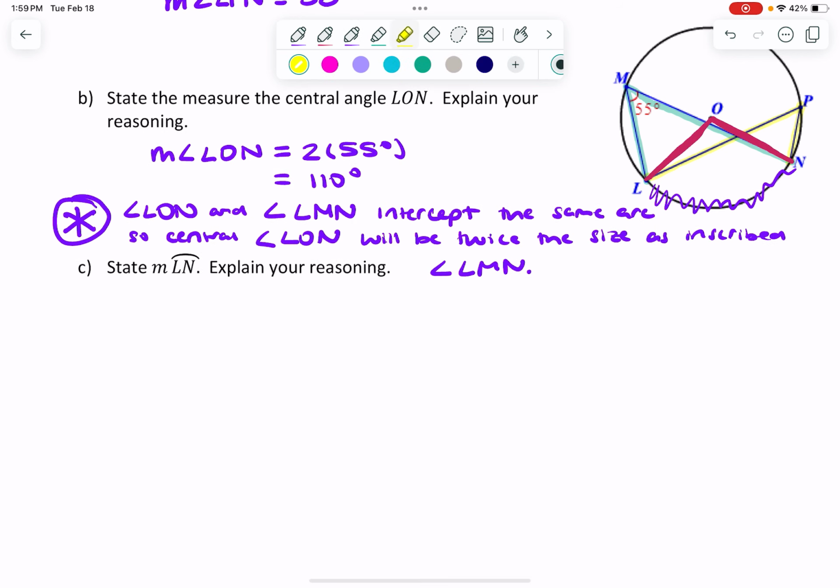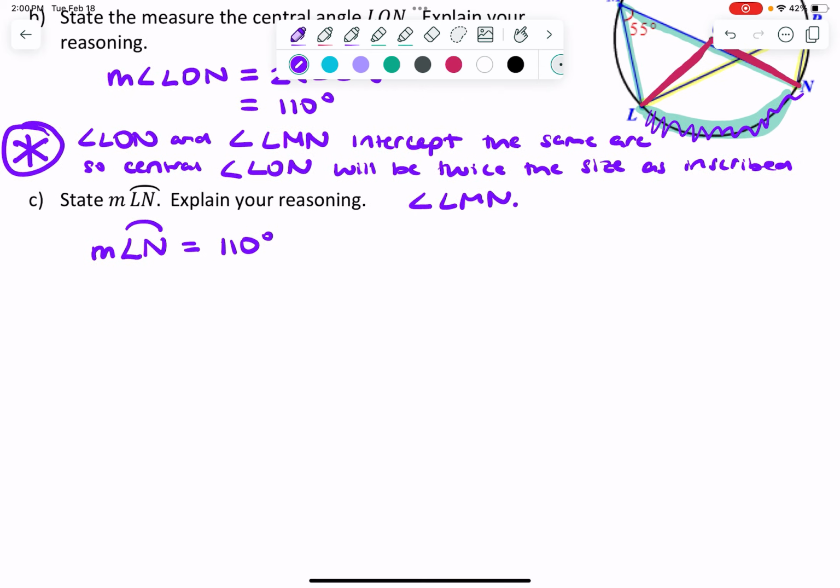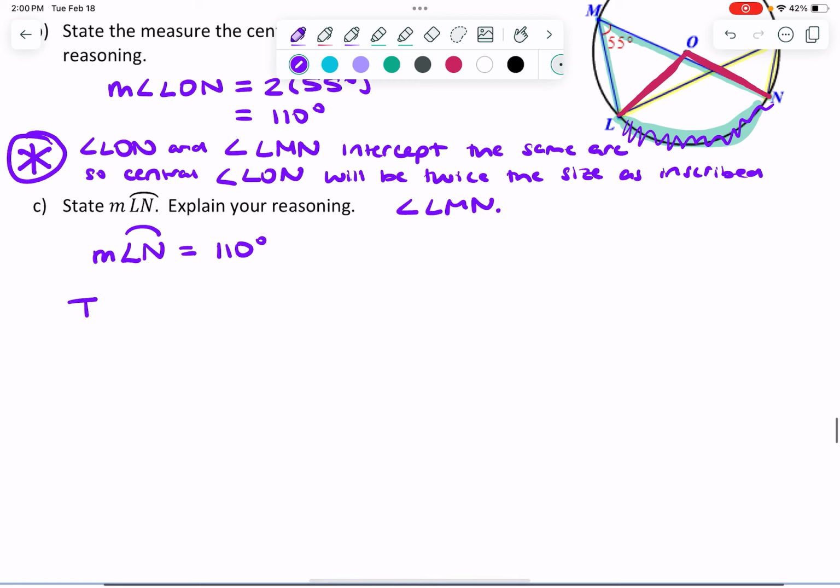Last but not least, I want to talk about the measure of the minor arc, which is LN, right here. It also tells me to explain my reasoning. Well, I know the measure of a minor arc will be equal to the measure of its central angle that intercepts it. So I know if the central angle is 110 degrees, the minor arc will be 110 degrees.